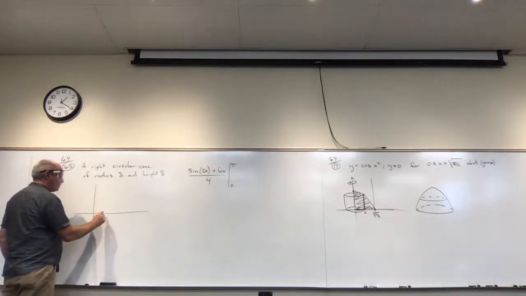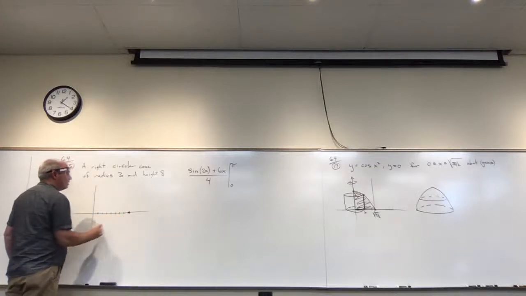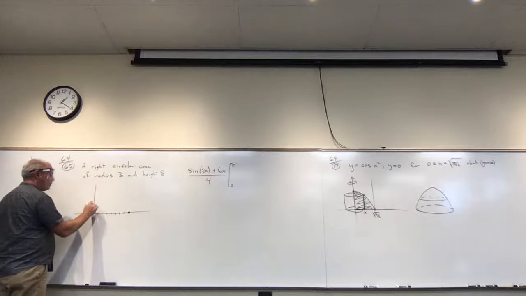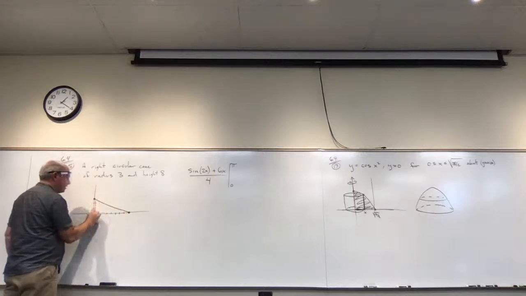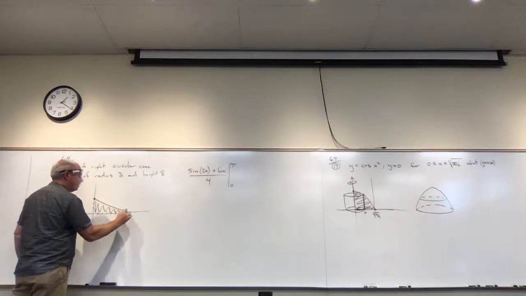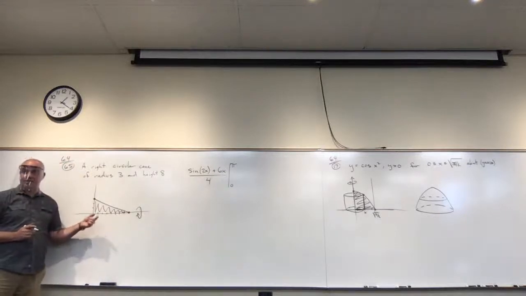So if I went out here to 8, and then I went up 3, and then I connected those dots, and then I said, this is my region. Let's spin that region around the x-axis.